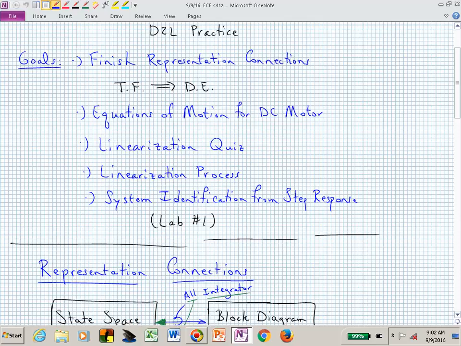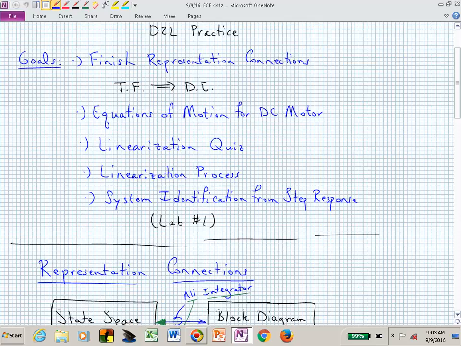Then we will have a quiz. It'll be a linearization quiz. We'll see if you can identify what makes a system of equations linear or not. We probably won't get into the linearization process, but this tells you where we're headed. We'll talk about linearizing a system if it is nonlinear, and then we will start talking about system identification, coming up with a transfer function for a system based on physical measurements or from a step response.